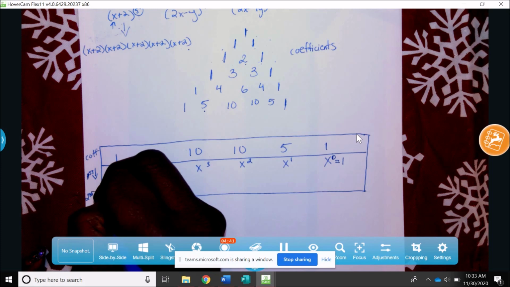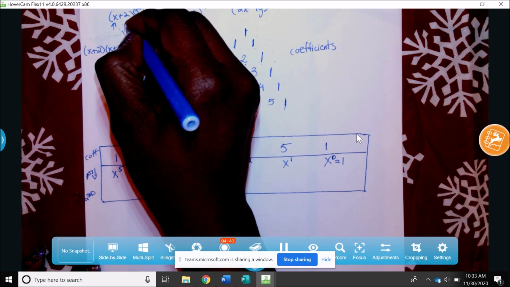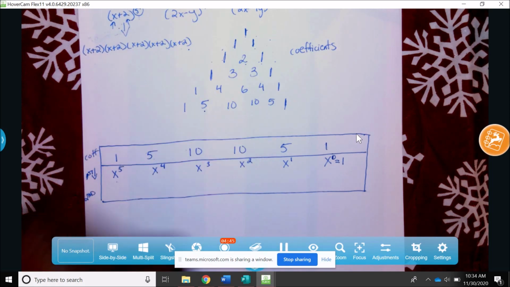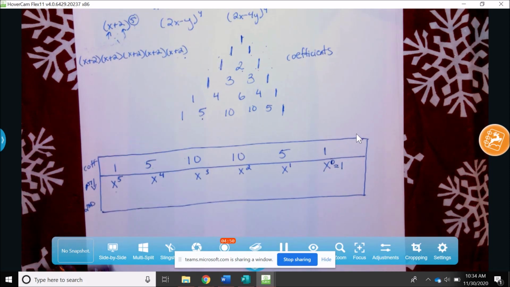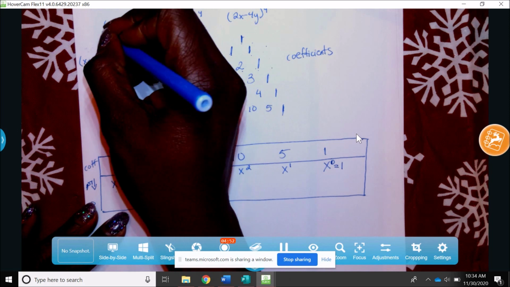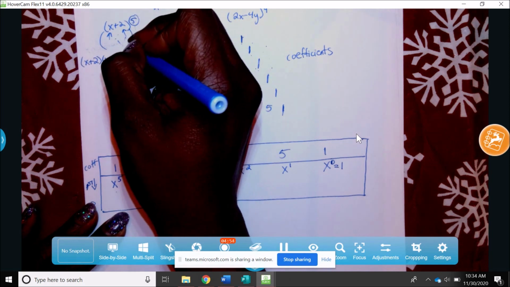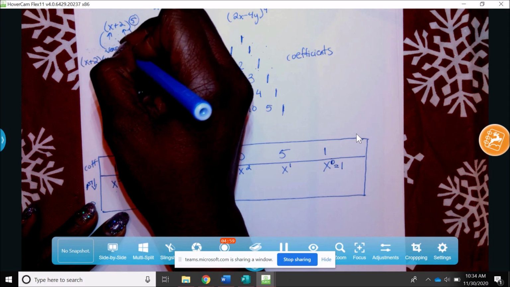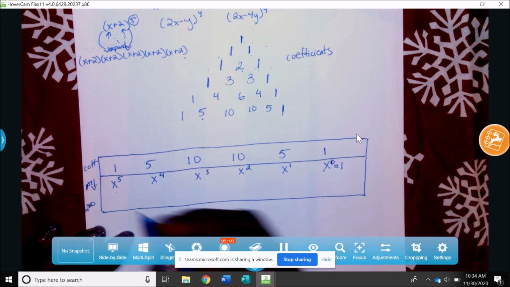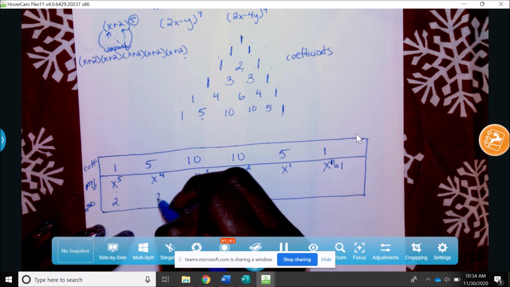Then I'm going to use the second term. And now I got a lot of arrows pointing all over the place. In my second term, I'm going to give each one of them a second term.